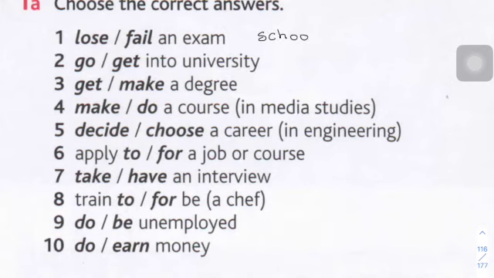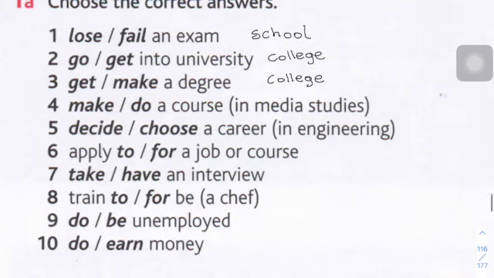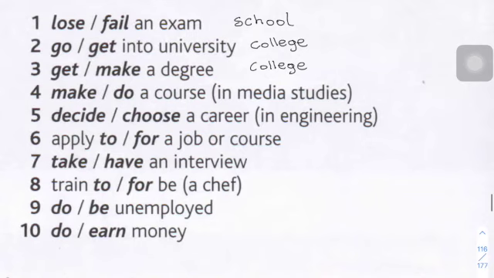Fail an exam. Normally, school. Get into university. Okay, college. Get a degree. Yes, if you go to university or college, you get a degree. Do a course. If it's a course like this one, media studies, you say college.